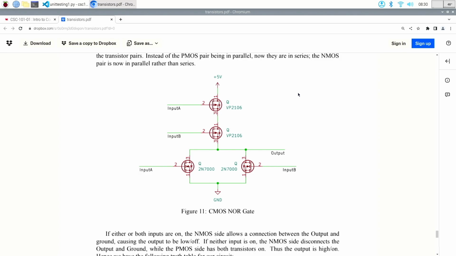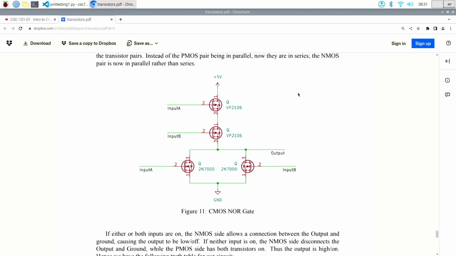Okay. All right, so let me draw the truth table. So we've got A, and we've got B. Now, both could either be on or off, and there's, as we've seen, 4 possible patterns under which that could happen.